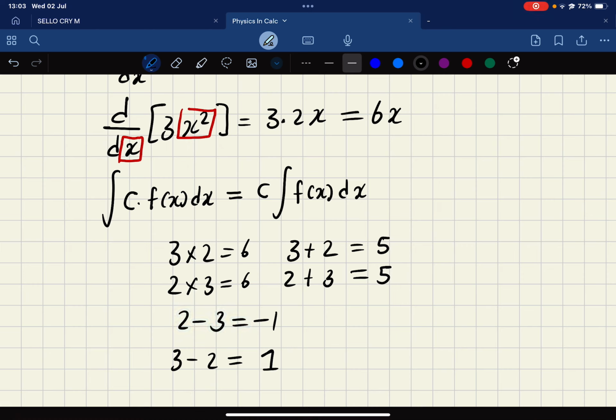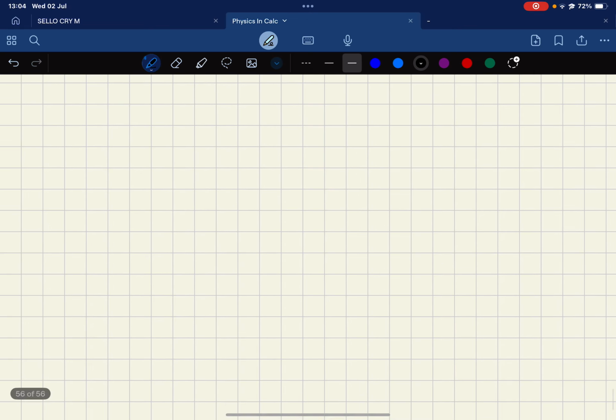Even division, if I say 6 divided by 3, this is not the same as 3 divided by 6, because here the answer is 2, and here the answer is 1 over 2. This one is not commutative. Addition and multiplication are commutative. I think you get the point by now.